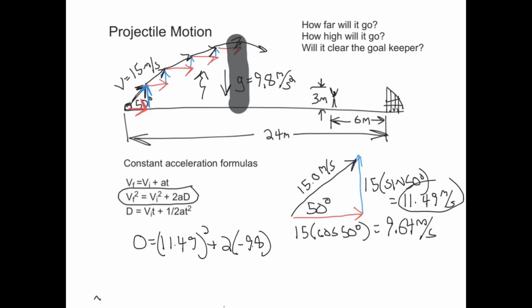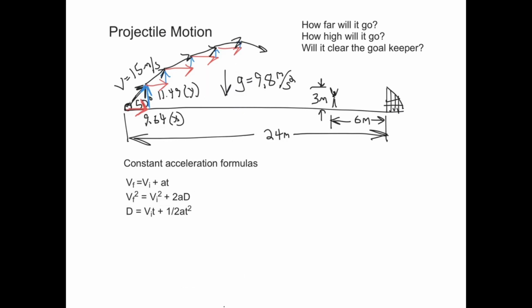It's negative because if we're taking our y direction up as positive, then the gravitational effect has to be negative. And our displacement is what we're calling h. And we're coming up with h to be a height of 6.74 meters.